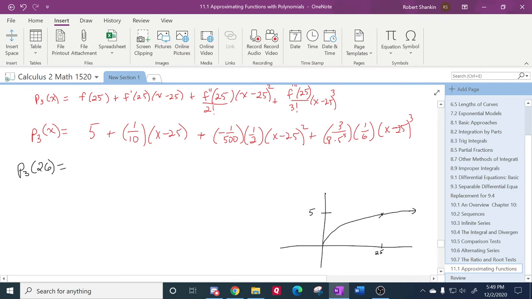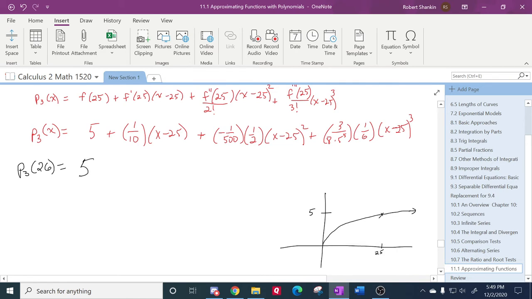So P3 of 26, which is really estimating the square root of 26, but not exactly, the square root of 26 with the Taylor polynomial. This polynomial of order 3 is going to give us a pretty good approximation of the square root of 26. And the square root of 26, we can see, is going to be really close to 5.